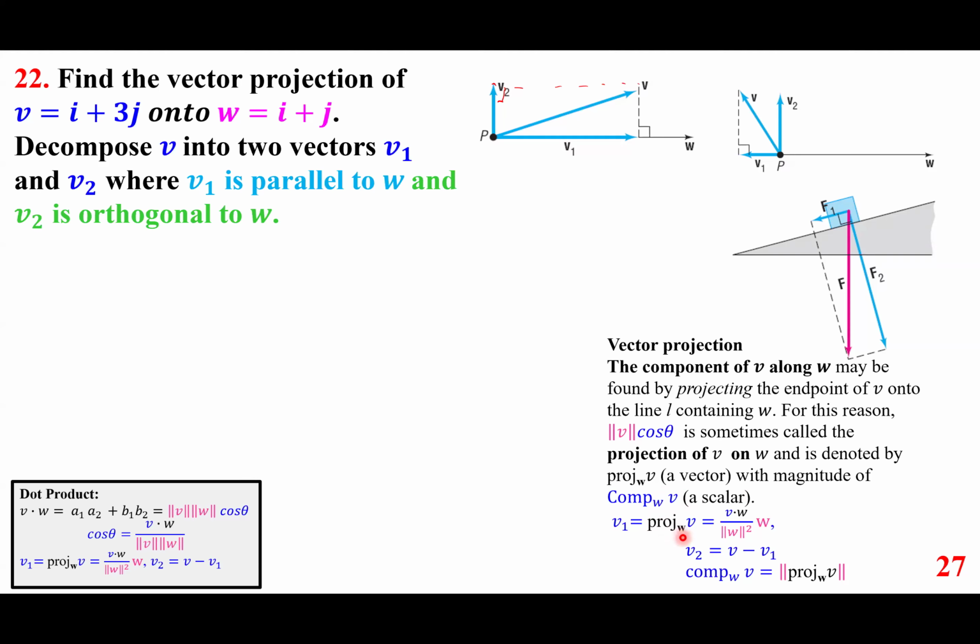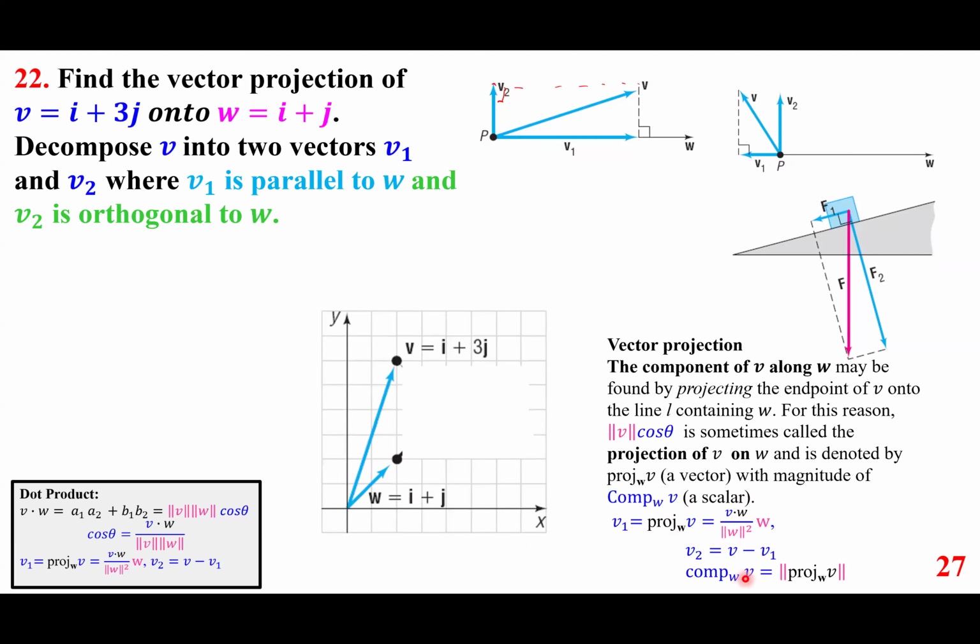V1 is projection of V onto W, V dot W over magnitude of W squared times W. And V2 is simply the difference of the two. Just take a look. If you add V1 and V2, you get the V, the same thing here if you add F1 and F2. So you get one of them, you calculate them, the other one is the difference of the two, and component of V onto W is the projection of V over W, the magnitude.